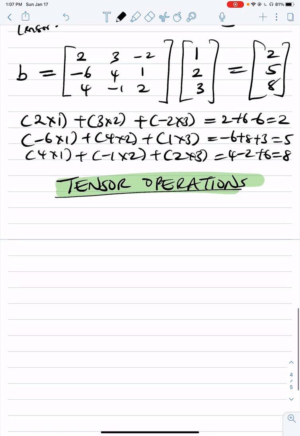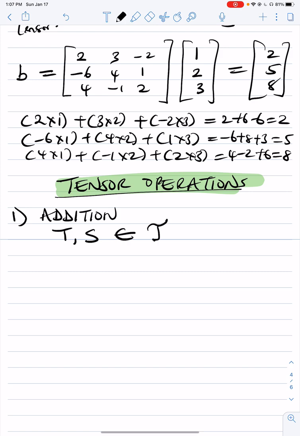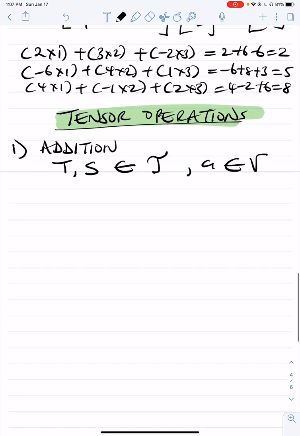So for addition, if T is a tensor and S is a tensor, let's say they belong to tensors, and A belongs to the class of vectors, then (T plus S)A equals TA plus SA.